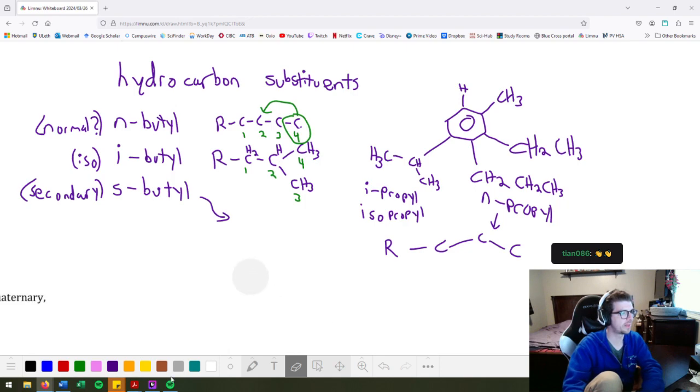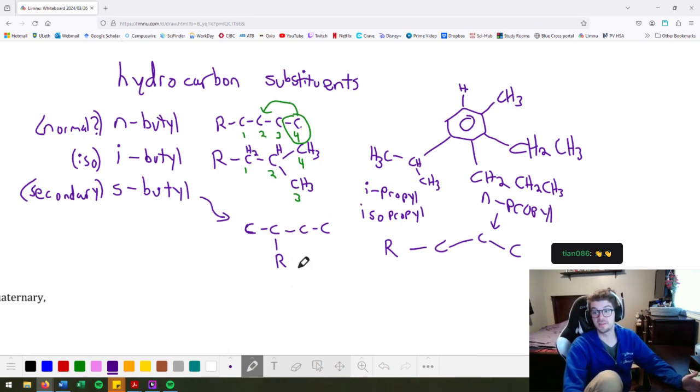Let's clear that up. Okay, I've got a way to do this. So, okay. All right. So this is what a sec-butyl group looks like.